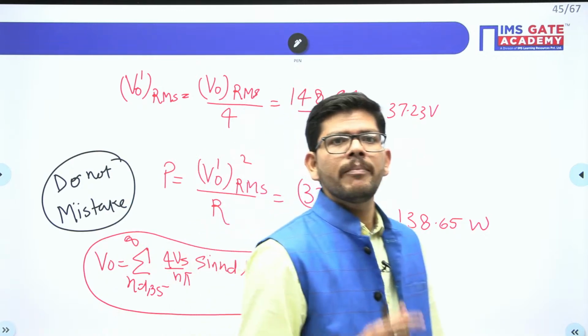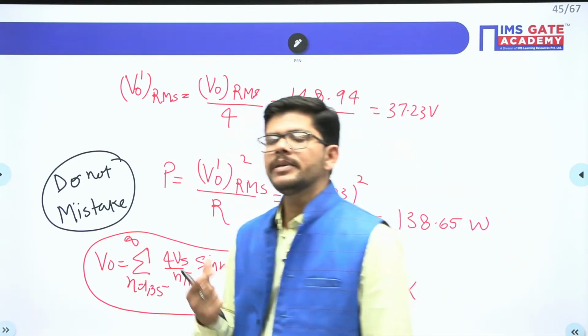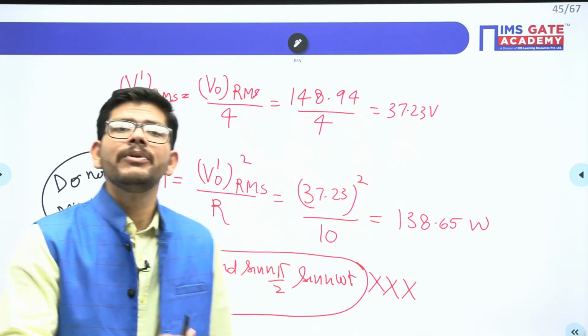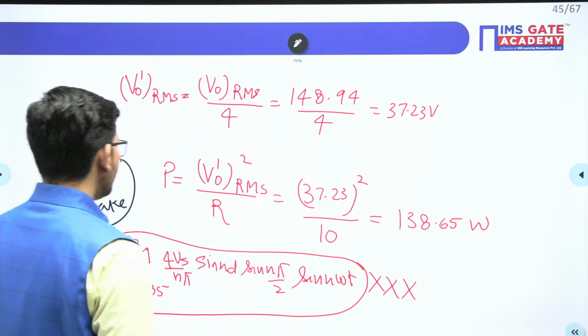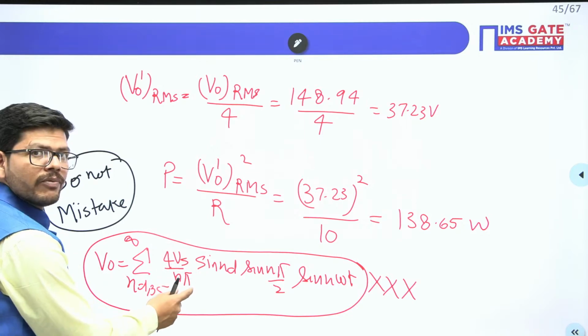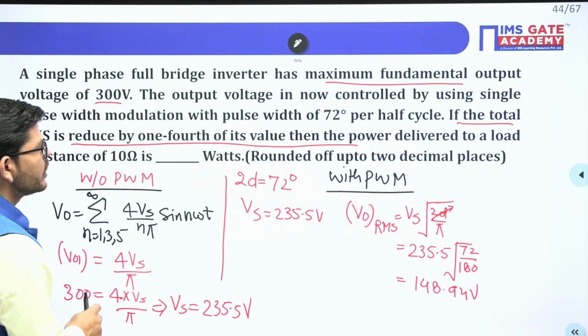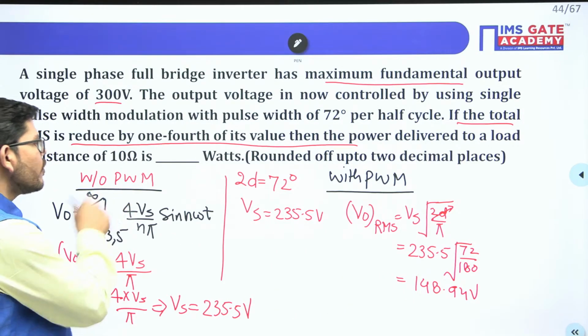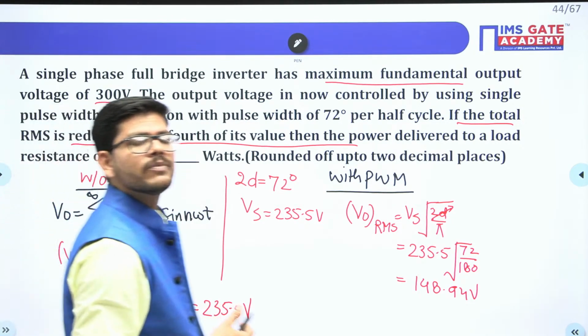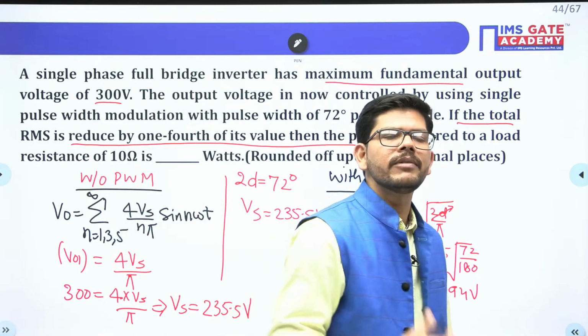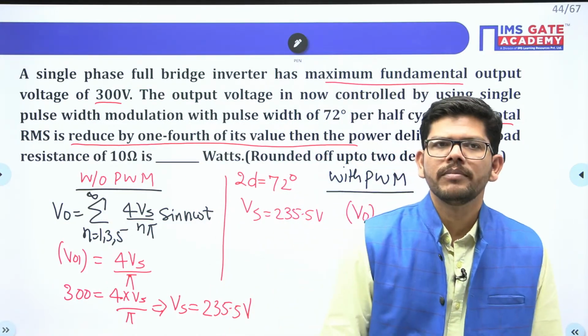This formula is required when pulse width modulation is used. The maximum fundamental value that has been given to us is before PWM. If it had been given after PWM, we would have used this particular formula. But this was before PWM, so we have to use the Fourier series formula which is for a single phase full bridge inverter without PWM, isn't it?